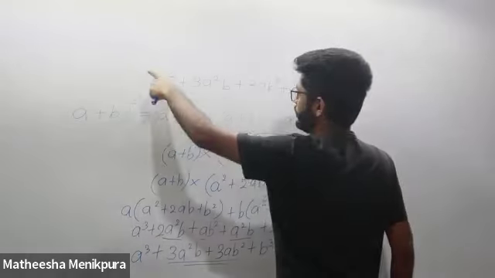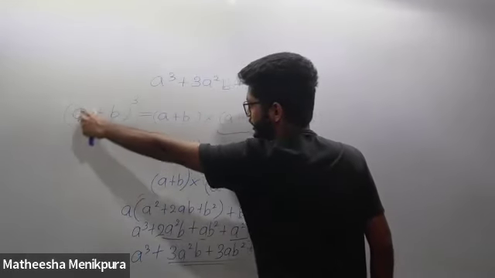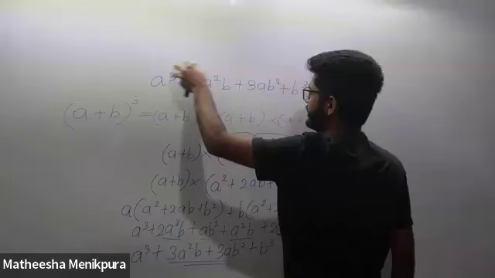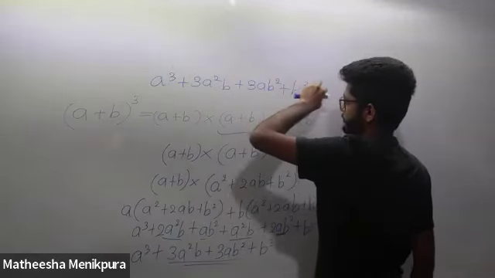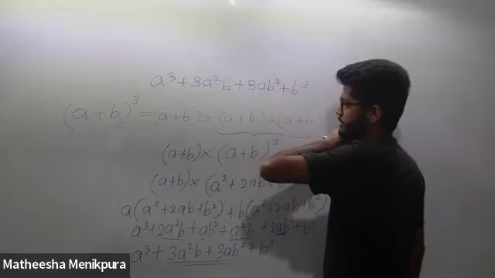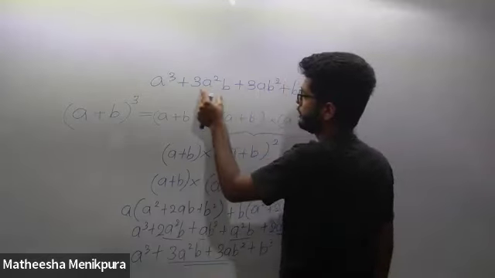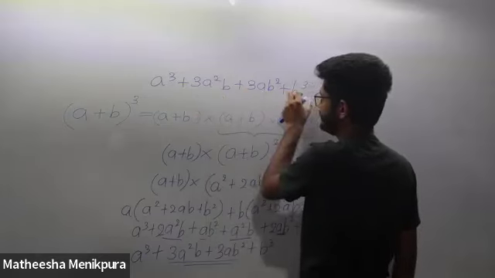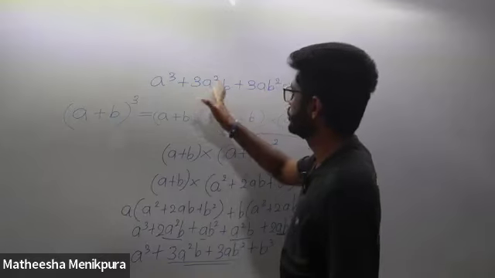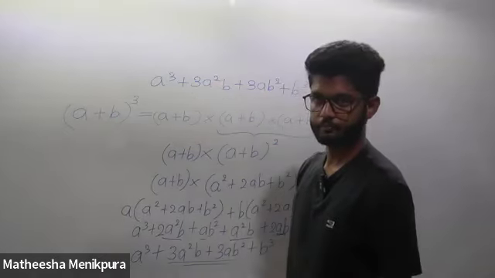So what has happened? In the algebraic part of the first term, the power is getting decreased. In the second term, the power is getting increased. And you write it in the same way, and these two middle terms should be multiplied with 3.